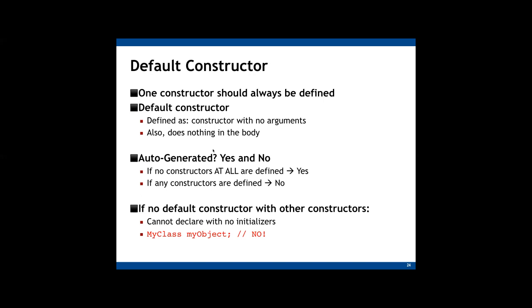The auto-generated default constructor does not receive any arguments and does not do anything, so it will generate an uninitialized object of the class type.